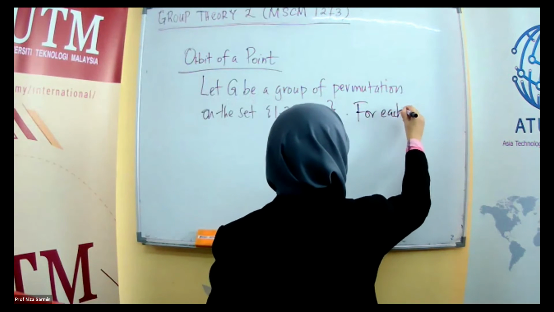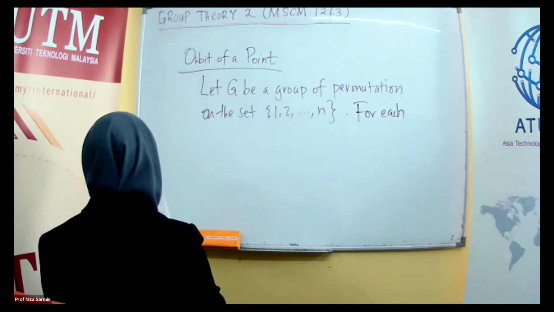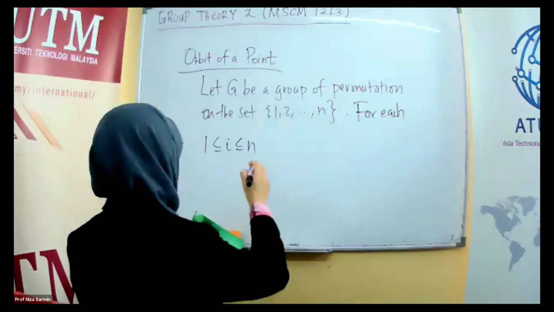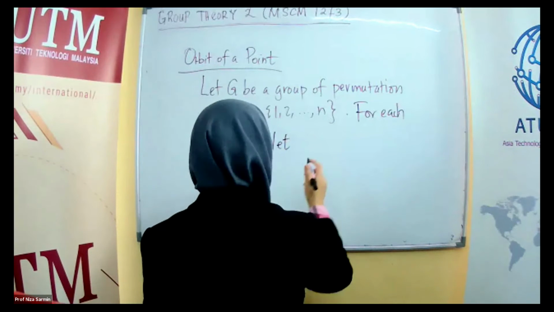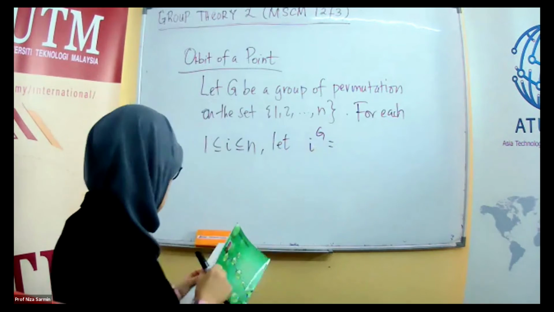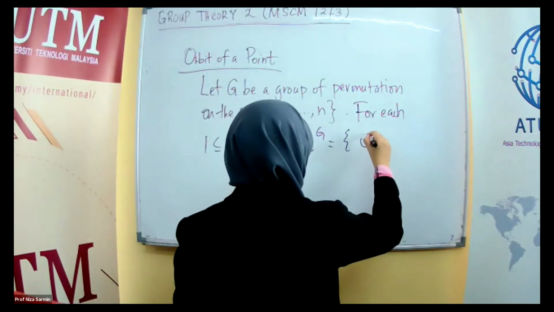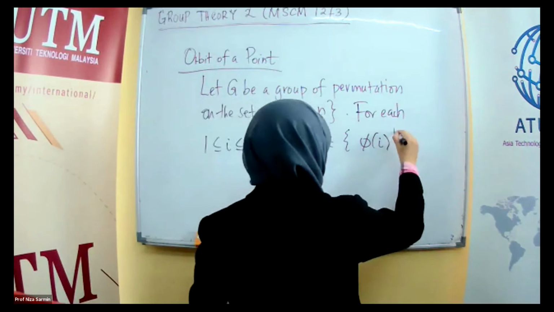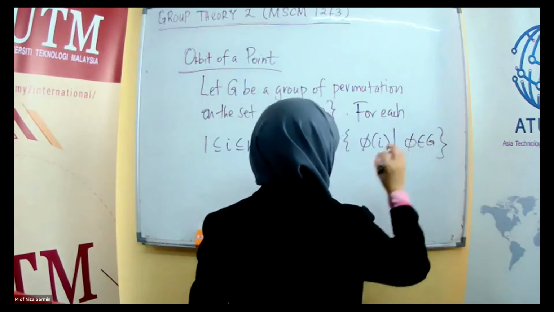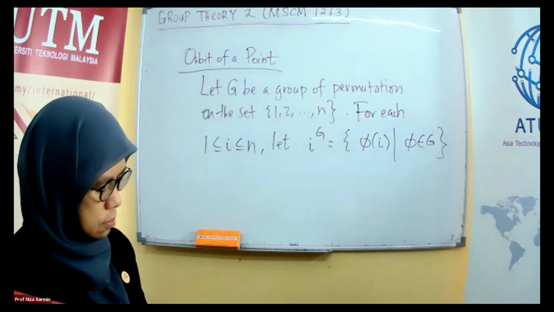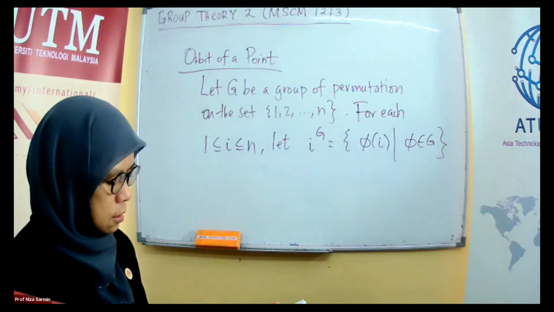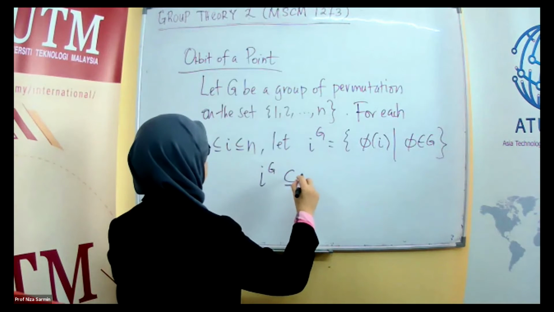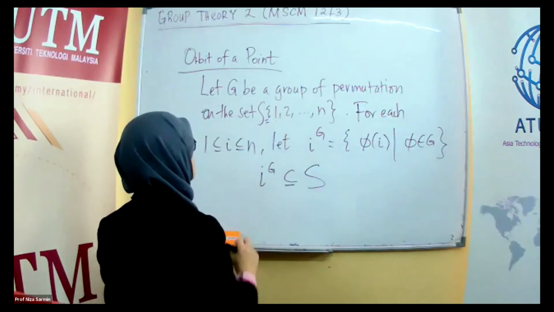For each i, with 1 less than or equal to i less than or equal to n, let iG be the image of i under phi. Image. So this is the subset, right? So iG is a subset of, let me call this S.